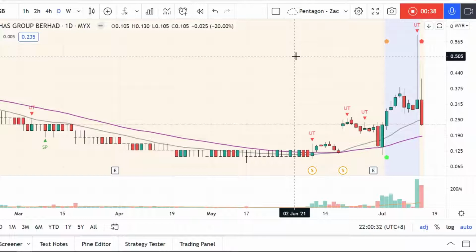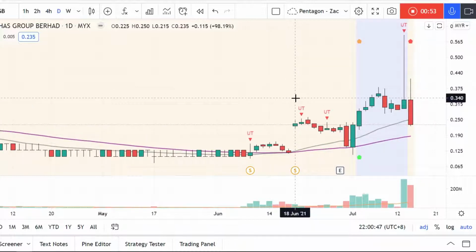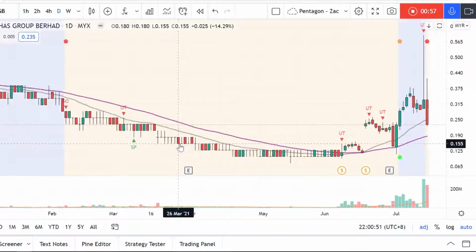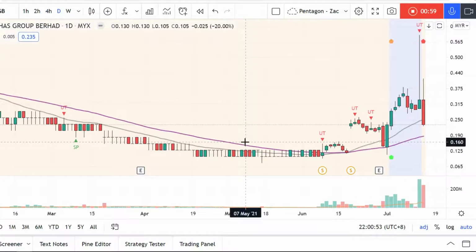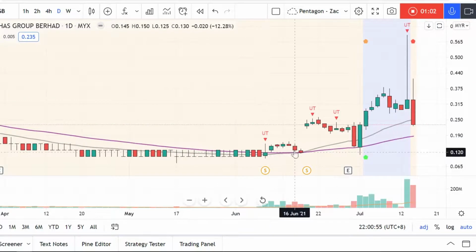Before I go into detail on Pasukhas, I will share three counters, three charts. Later on, you all decide what you should do with Pasukhas. For now, just try to recognize the charts and patterns. It comes from a downtrend, a short period of accumulation, then volume turns up and gaps up.